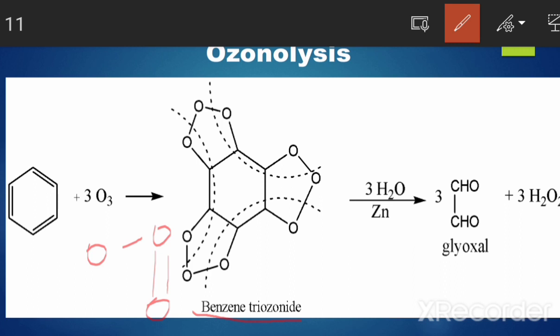So it will further react with water, and in the presence of some catalyst zinc, we will have a final product glyoxal and byproduct hydrogen peroxide.